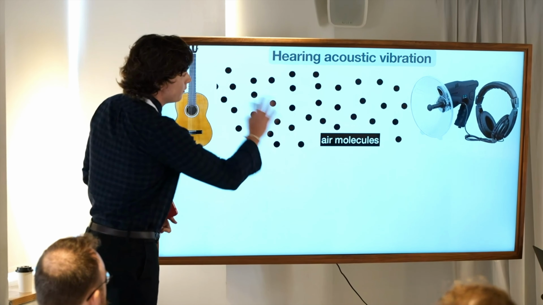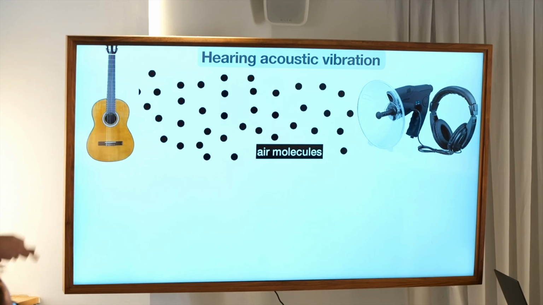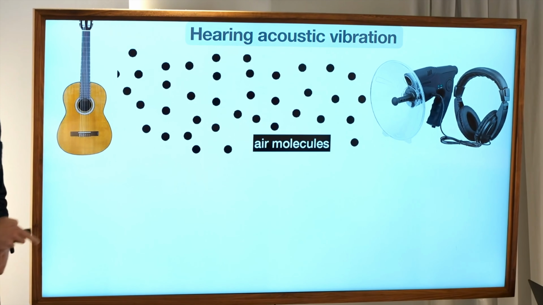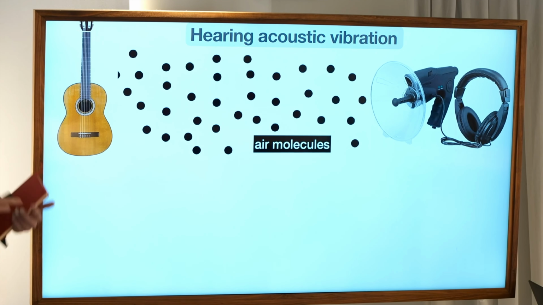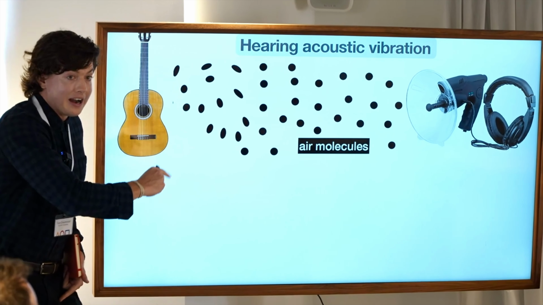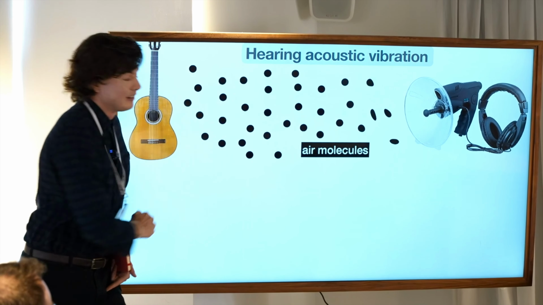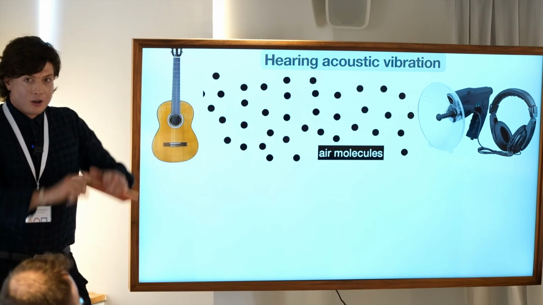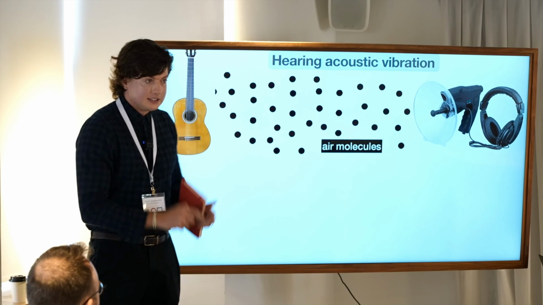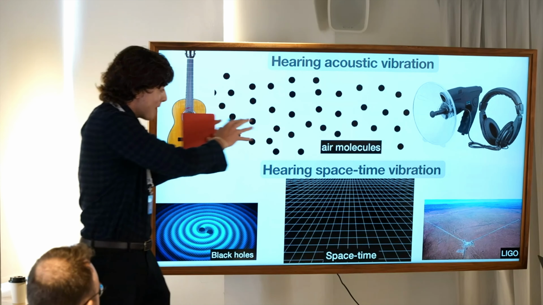Why can the microphone on the right hear the guitar on the left? Because the vibration of a string of that guitar generates a vibration which propagates through air molecules. Air molecules act as a medium which propagates the vibration from the guitar to the microphone. For gravitational waves, this is the same, but the medium is not air molecules.